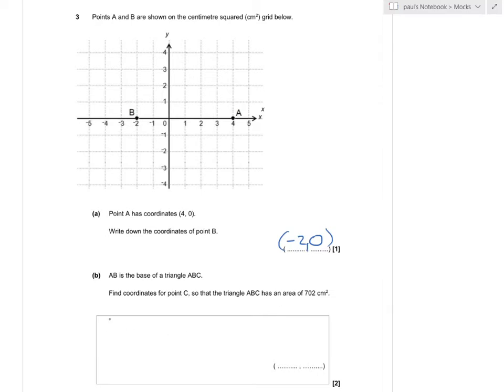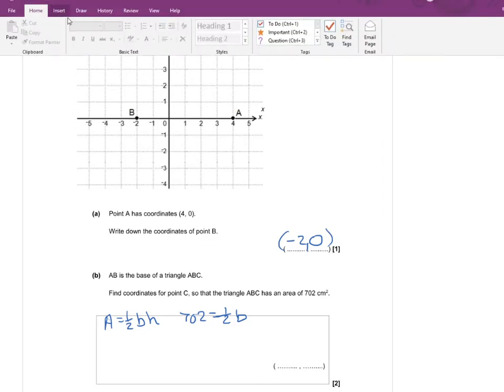So the area of a triangle is half base height. So we just need to find the height. We have the area, so 702 equals half times the base, which is, oh, hang on, we need to know what the base is, don't we? Let's come here, draw.